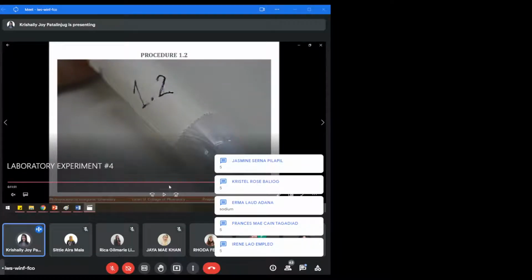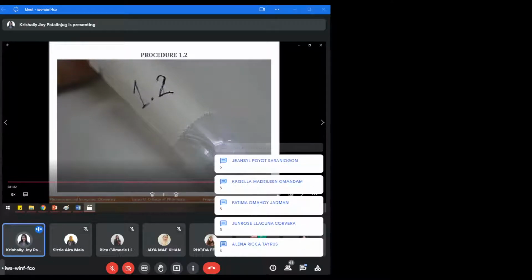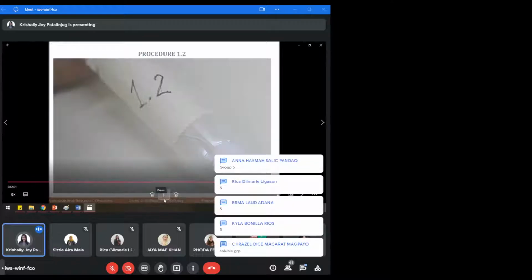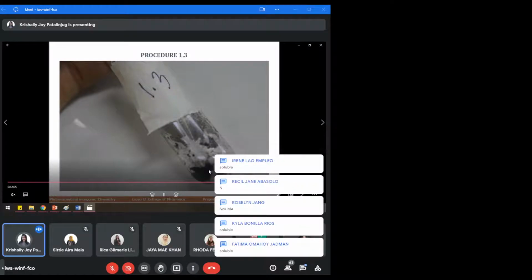So ito na yun. Finokus ko na ano yung kulay ng mga precipitate. So 1.2, kulay white. Ito yung sa silver, silver chloride, yung precipitate, kulay white. Binigay ko na lahat ng answer, so make sure na tama yung sagot nyo. Ito yung cupric sulfide, kulay black.